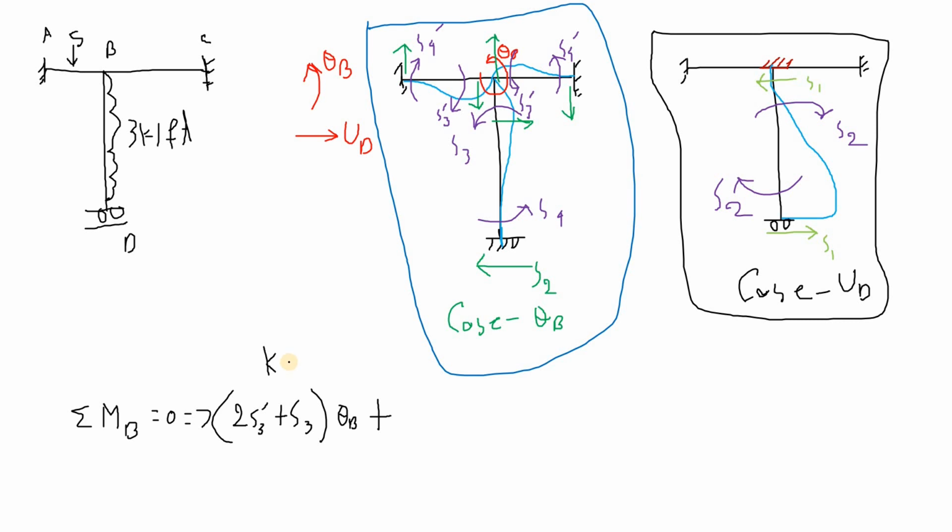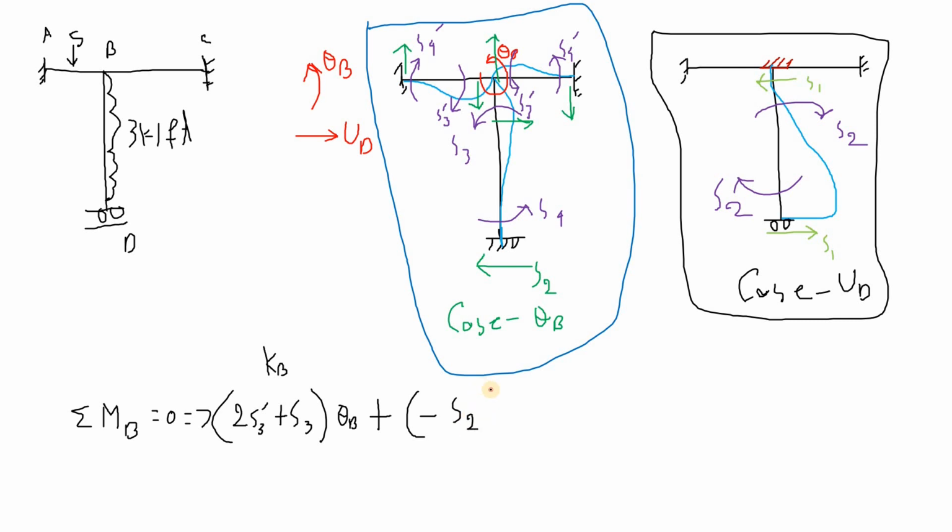Okay, this was the K right over here for the B point. So that is for the B point, so that's the K B point, and here we have theta B right over there. Now here we are going to have a negative S2 right over there.